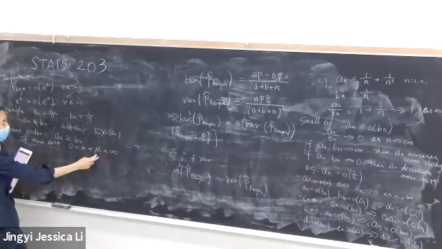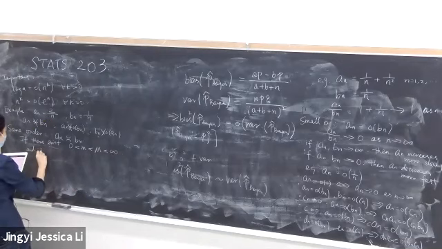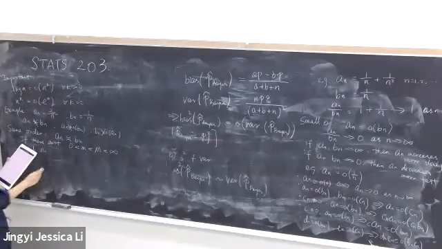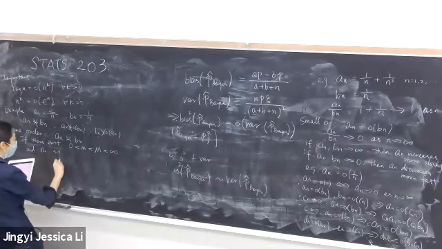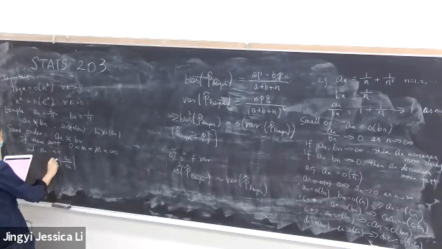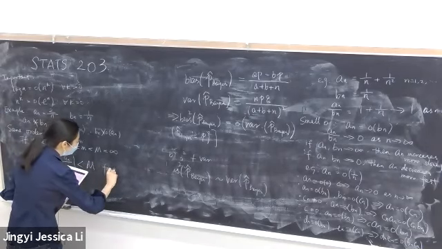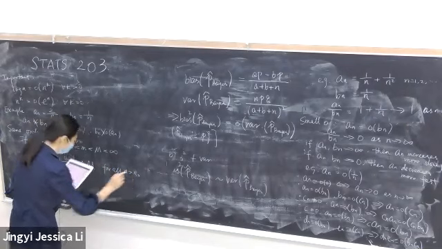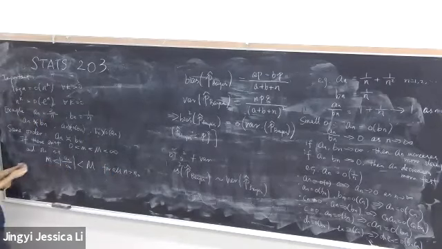If there are two constants, small m and big M, and an integer n0, such that for all n greater than n0, the absolute value of a_n divided by b_n is greater than small m and less than big M, then we say a_n divided by b_n is asymptotically bounded.